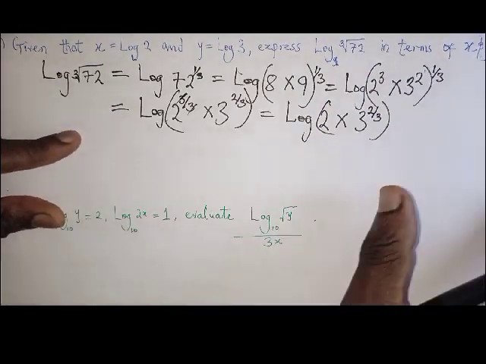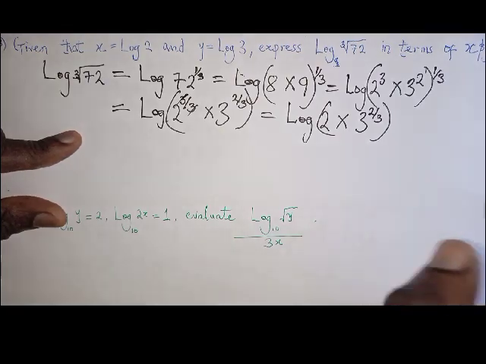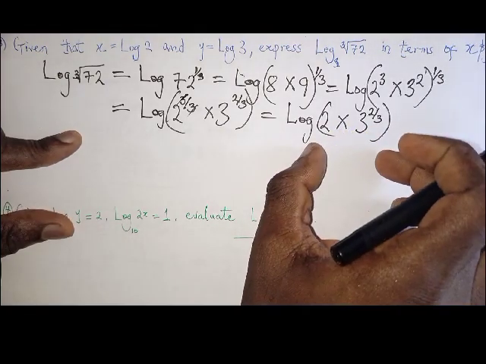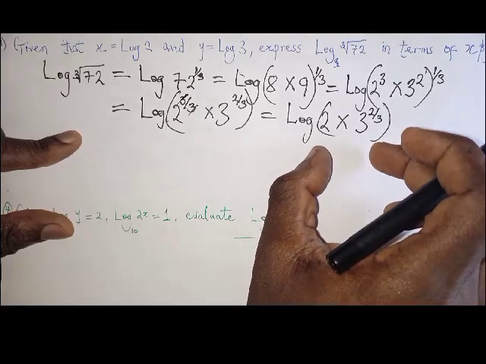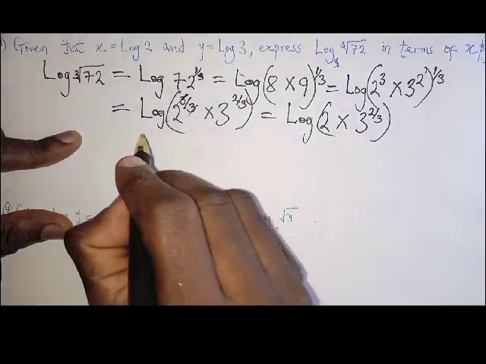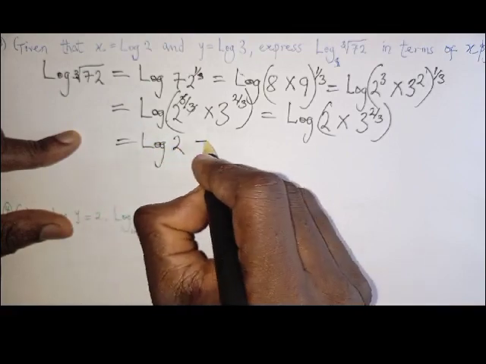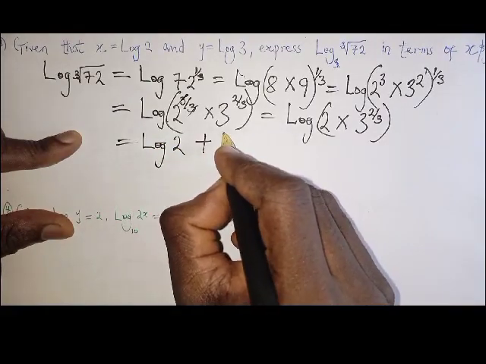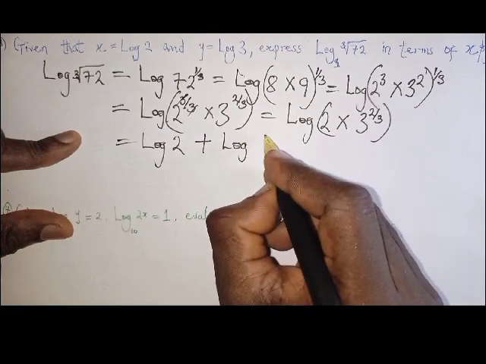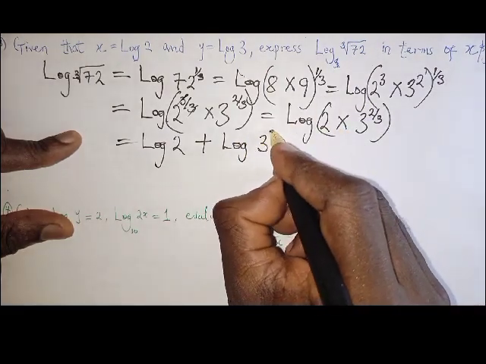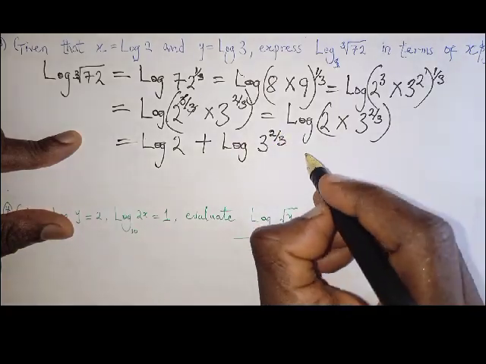Okay, then you remember that the product rule in logarithm tells us that we are now going to have to add them together. So this gives me log 2 plus log 3 raised to power 2 over 3.